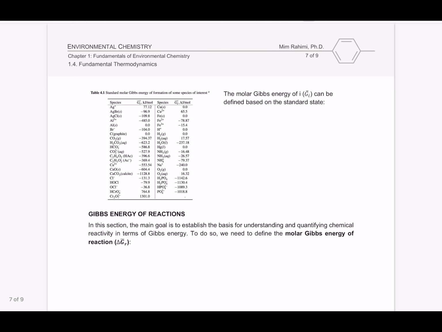So this is another example of G for different elements at the standard condition per mole.